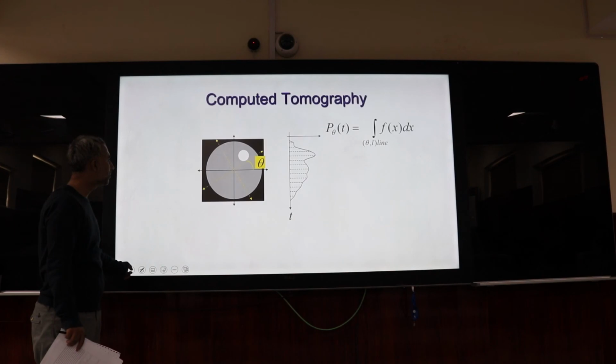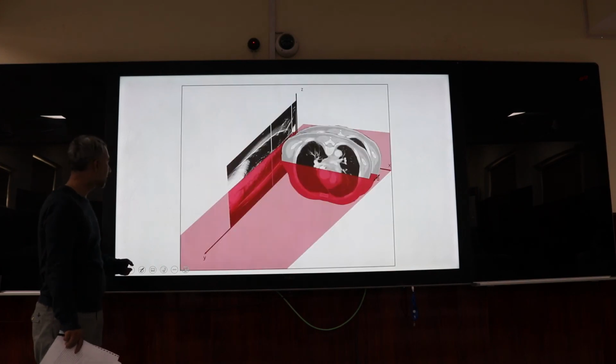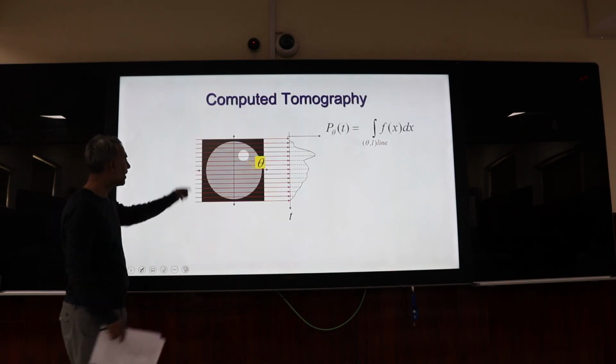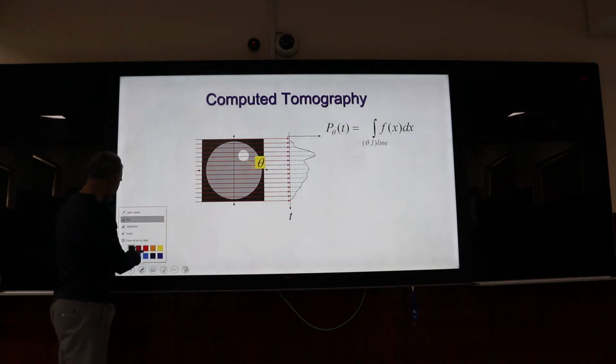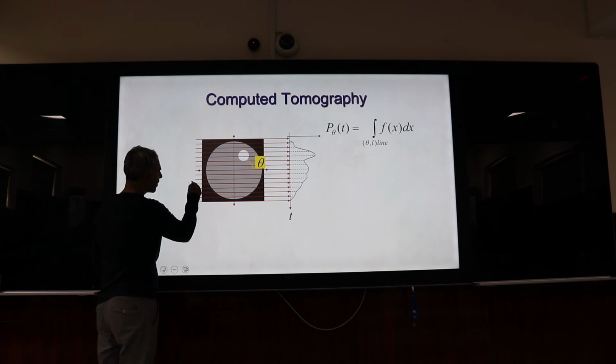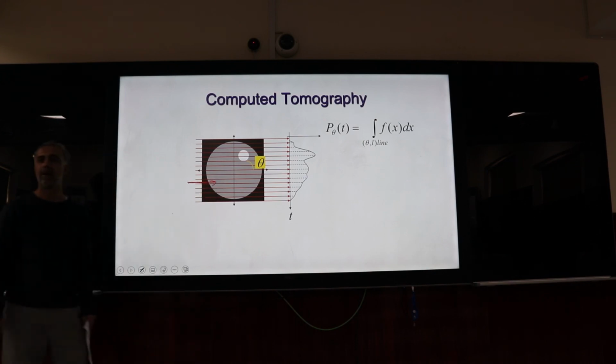For example, why is deep learning very useful? Somewhere here, it predicts somewhere here, even though you did not observe, you did not use the gamma rays at this part.